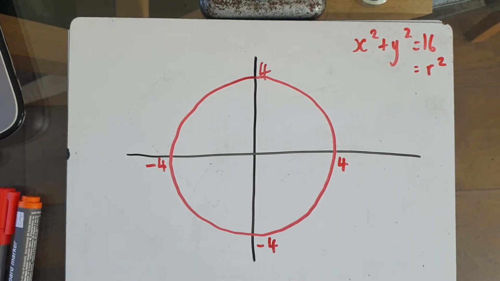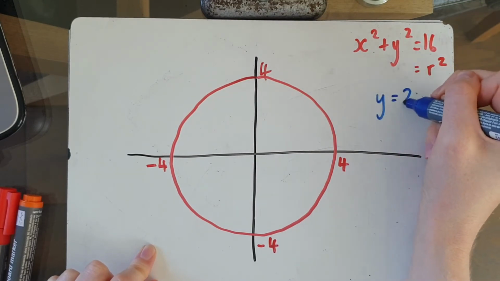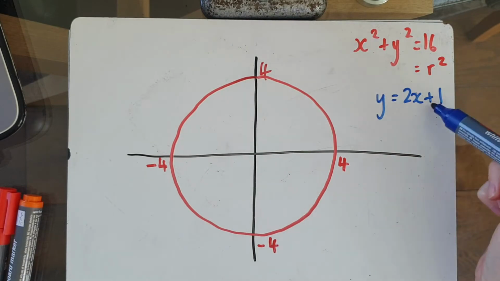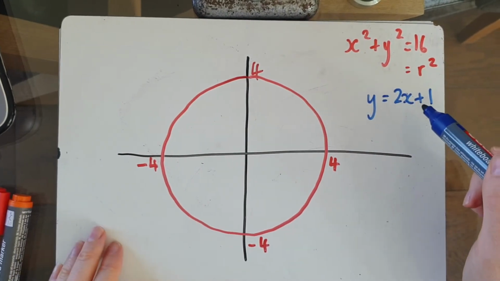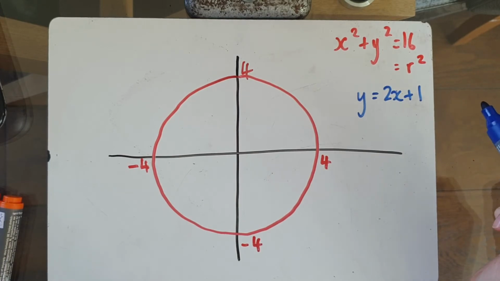The second part wants you to find estimates for the solutions of the simultaneous equations this and y equals 2x plus 1. The way it wants you to do that is to now draw this line onto the same graph and then estimate where they are crossing.